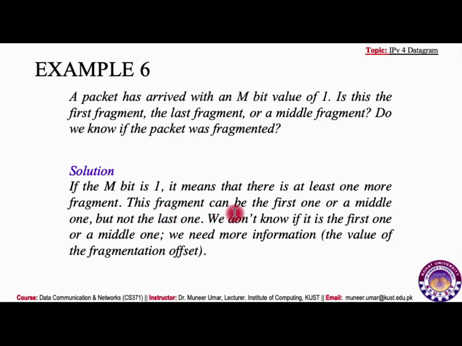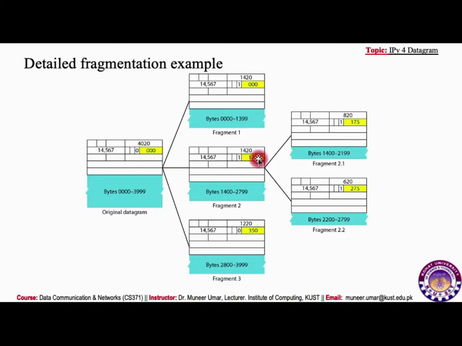This fragment can be the first one or a middle one, but not the last one. For the last one, we must have 0 for this M. We don't know if it is the first one or middle one. We need more information: the value of the fragmentation offset. We need this value.